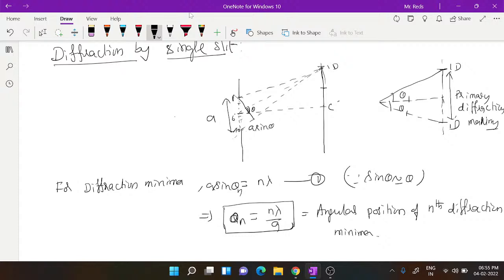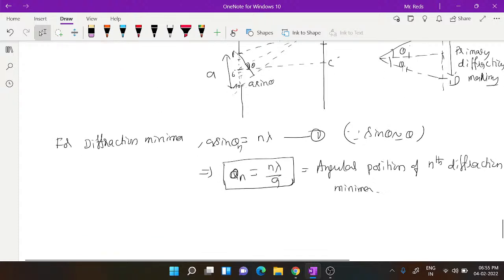So the width of this primary diffraction maximum, in terms of angular position, theta 1 plus theta 1 will give the entire angular width. So I can say the width is equal to 2 theta 1. That is one thing you have to understand.